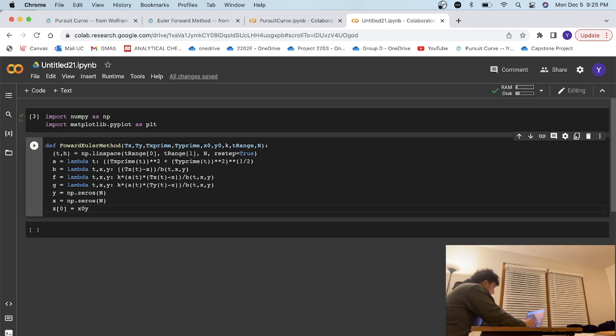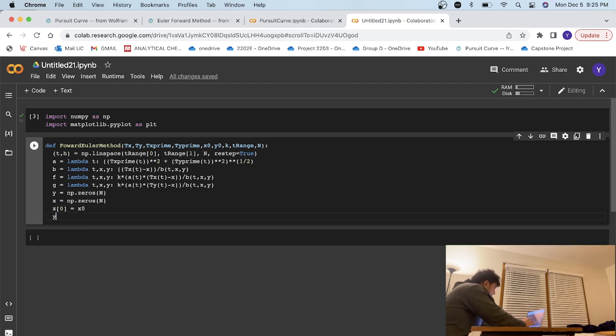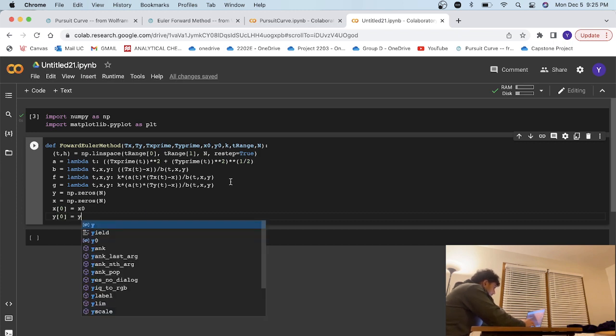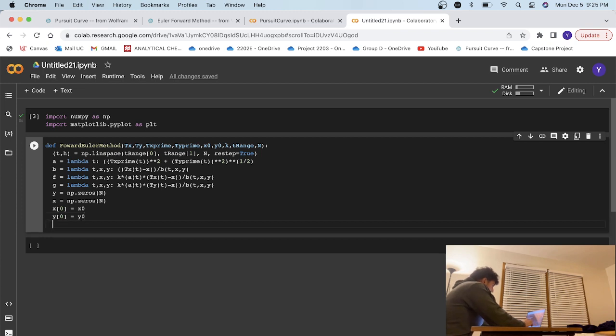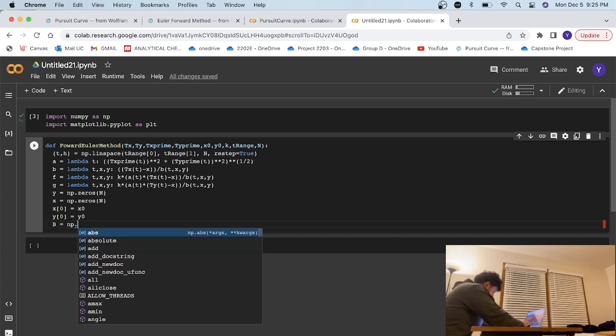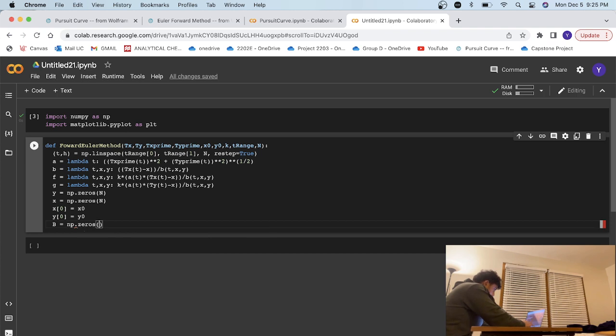We're going to say the same thing with y of 0 equals the y position. And then we're going to say b is the distance between the pursuer and the target at each interval.